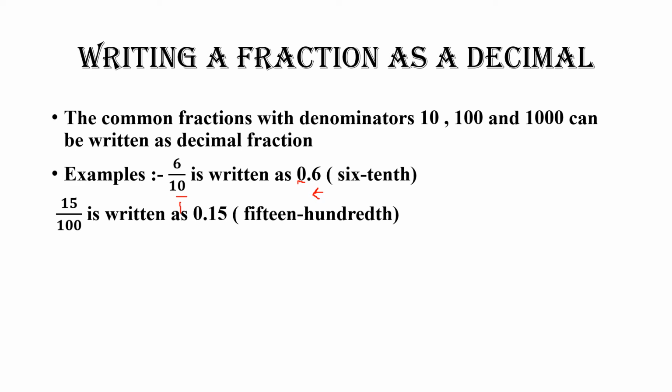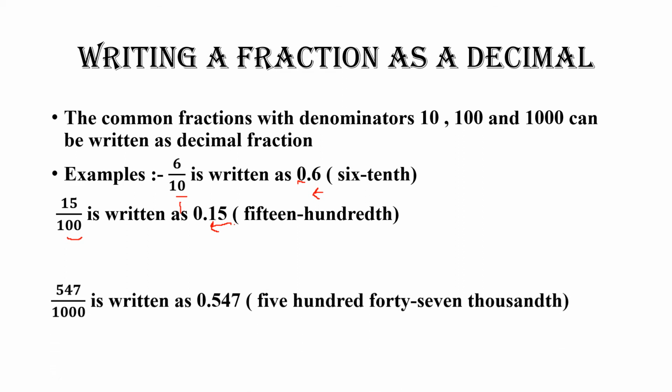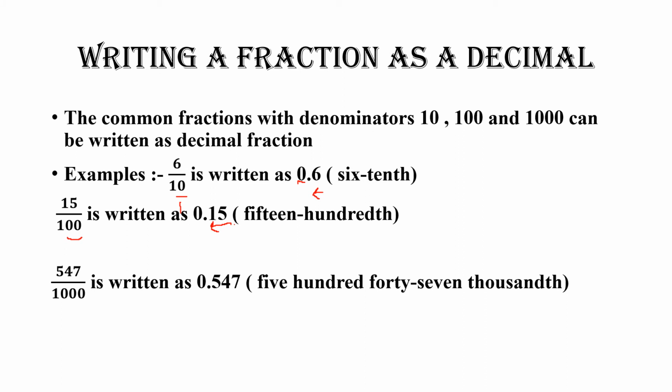In the second example, 15 by 100, the denominator is 100. That means it is having two zeros. So starting from right to the left side, we'll count two digits, 5 and 1, and put a dot, and then before the dot we'll put a 0, and it is 0.15. In the third example, 547 by 1000, you can see the number of zeros is 3.